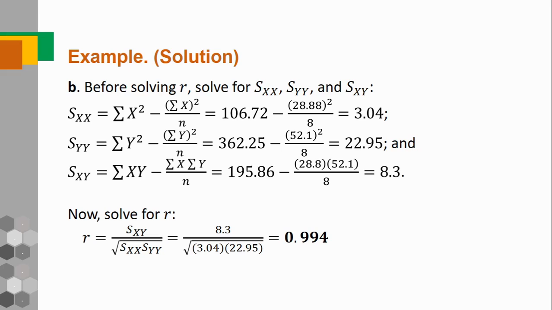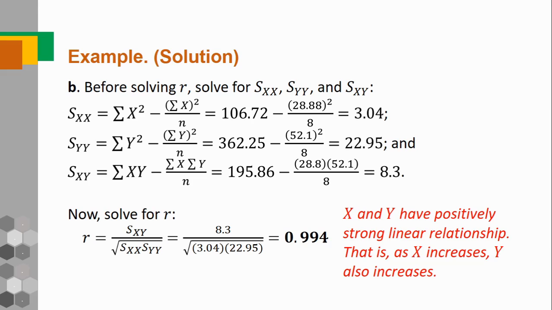And again, using your calculator, that is equal to 0.994. So, since R is very close to positive 1, x and y have a positively strong linear relationship. That is, as x increases, y also increases.